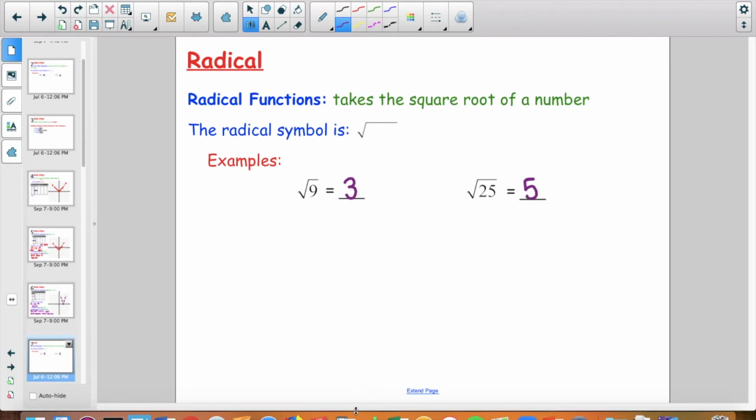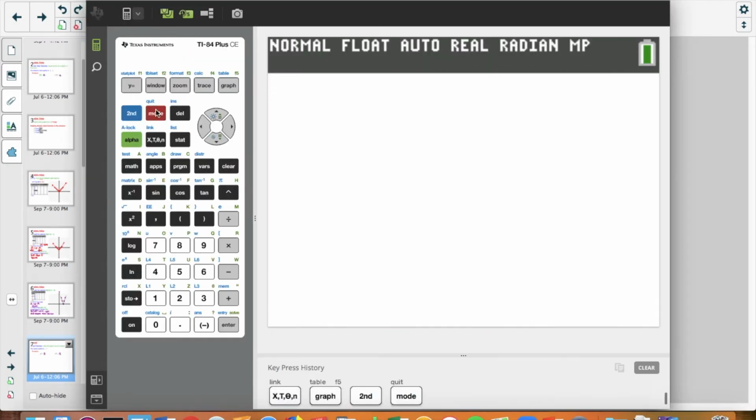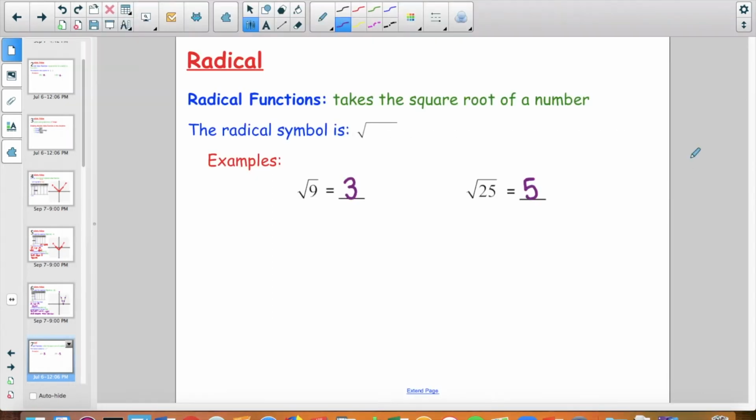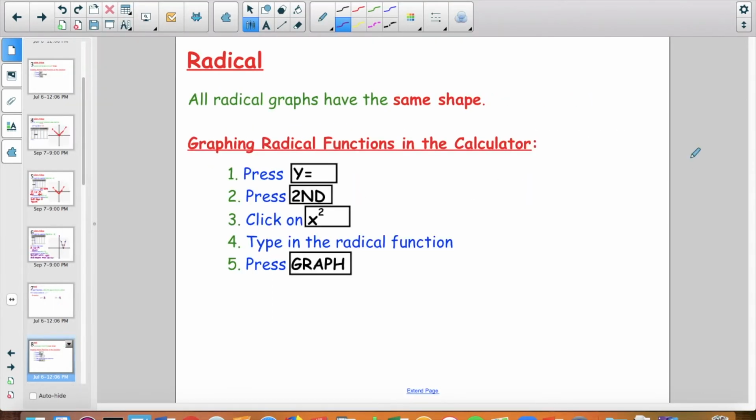You can find this in your calculator. To get it in your calculator, you press second and then x squared. So if we wanted to find the square root of 25, we would do it that way. These are the steps on how to get the radical function in the calculator.